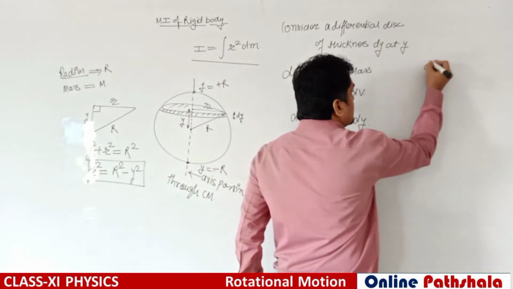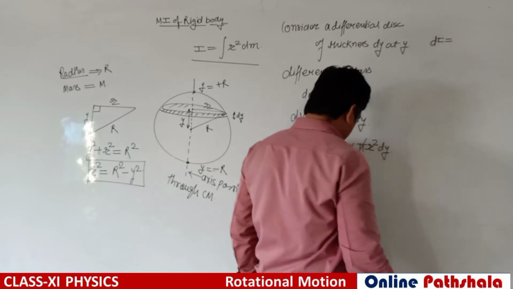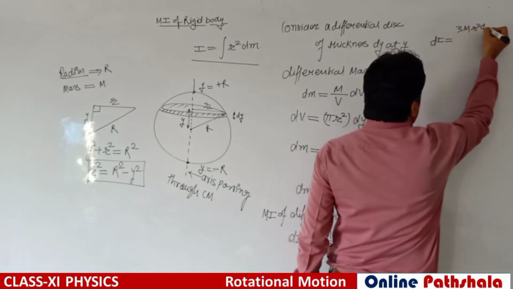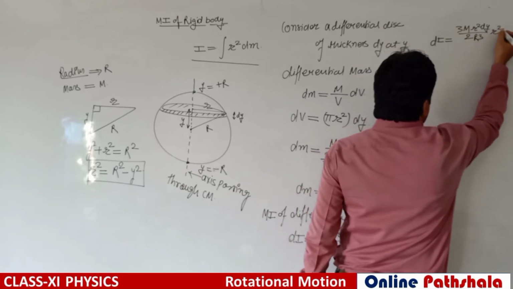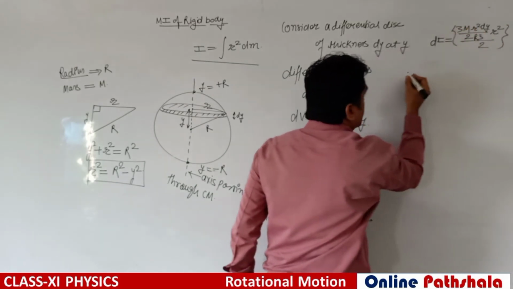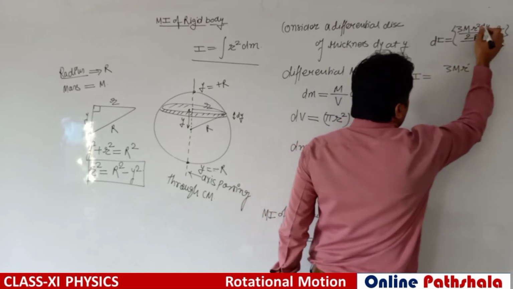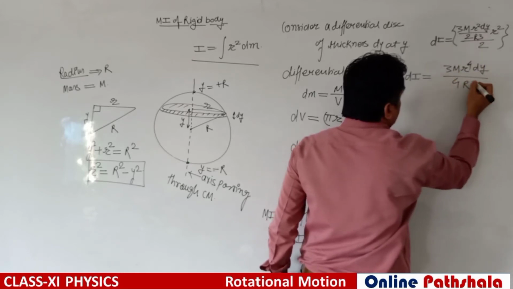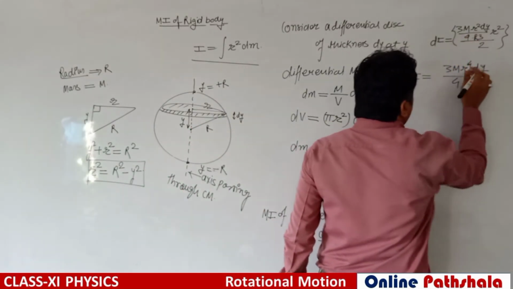Here dI is equal to 3 M r square dy divided by 4 R cube, into r square divided by 2. So here we are getting 3 capital M r raised to power 4 into dy divided by 8 R cube. Sorry, it is 4 R cube times 2, so it will become 8 R cube.